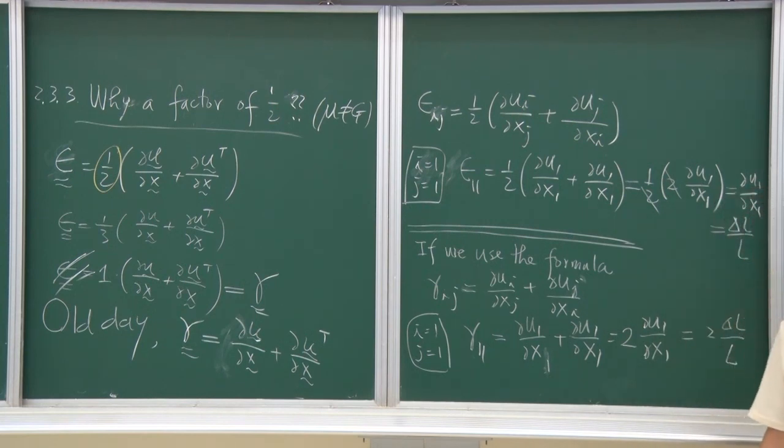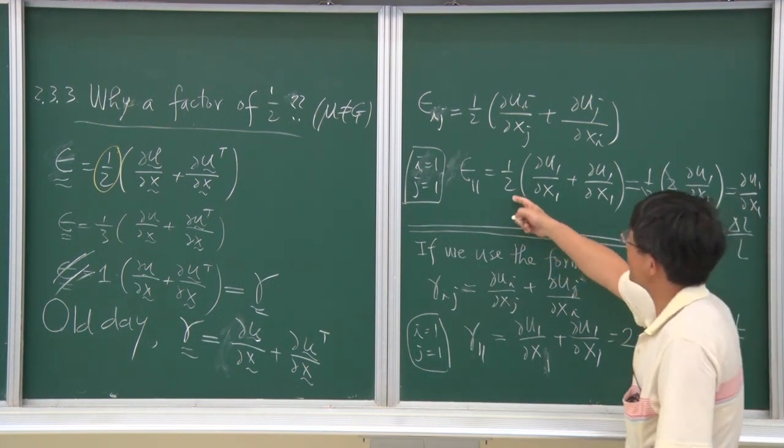Then it is inconsistent with the one-dimensional definition of strain. So we should have a 1/2 here. This is the reason why.